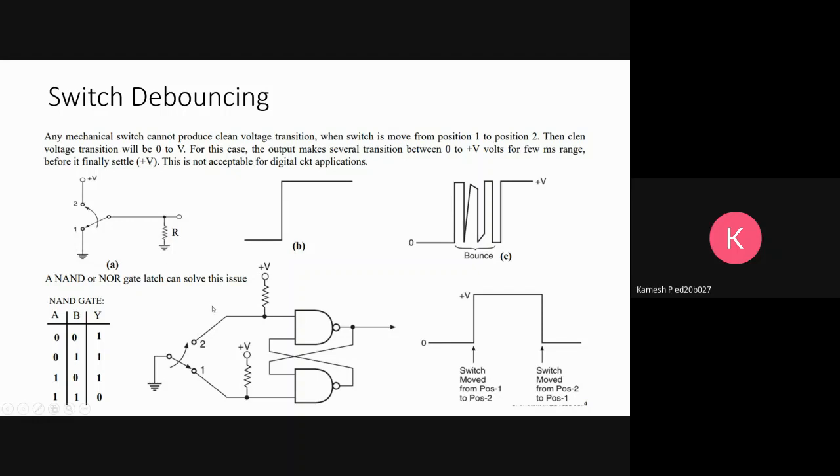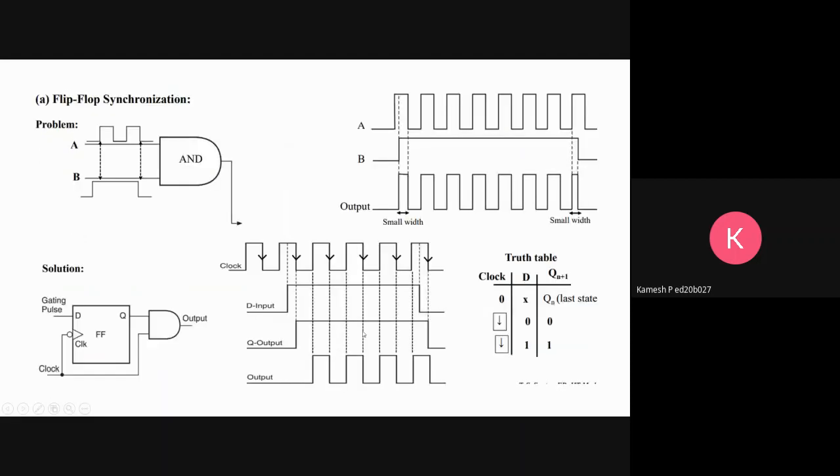So this can be totally minimized using this setup to get a proper output. Here, each and every time, whichever side it bounces, it gives an output voltage of V, which gives a standard output.